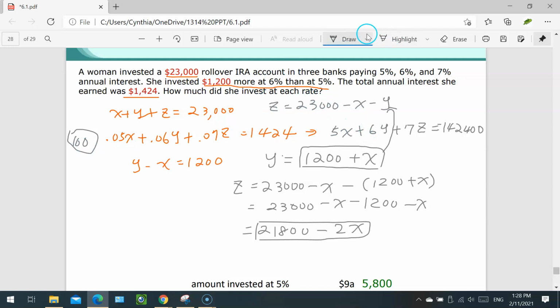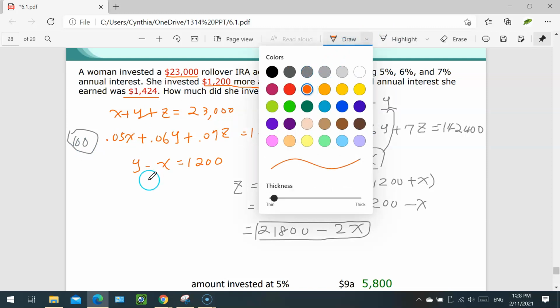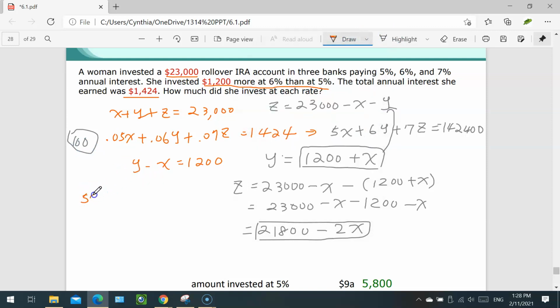We keep the 5x the same, so 5x remains 5x. Plus 6y, I'm going to rewrite the y into 1200 plus x. Plus 7z, I'm going to put down here plus 7z.